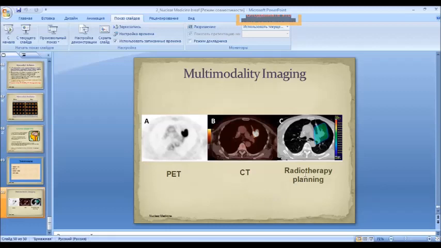And this is a real, very reliable step for radiotherapy planning, because after downloading both positron emission tomography scans and CT scans into the radiotherapy planning system, we can choose fields for irradiation.